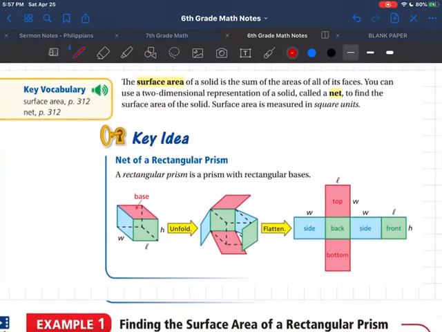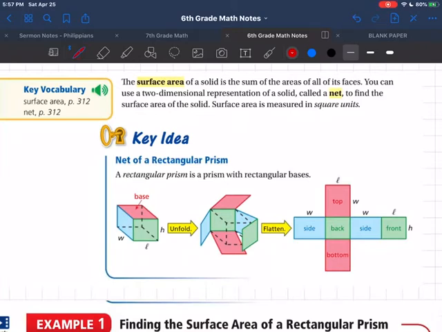Okay, so let's talk about this. What is the surface area? So think of the surface area of an object as what you would paint, okay? The two things we're going to learn in this chapter still are surface area and volume.